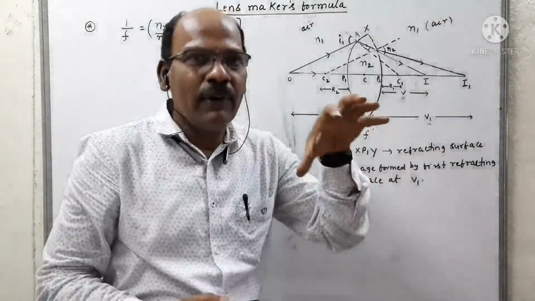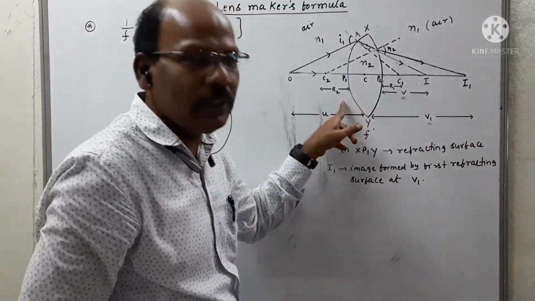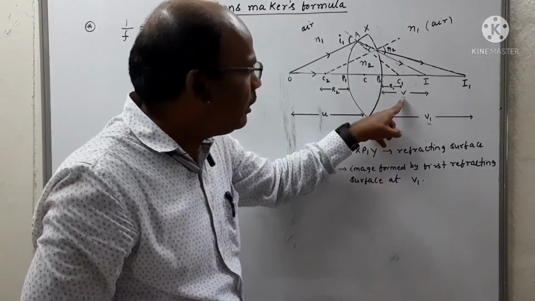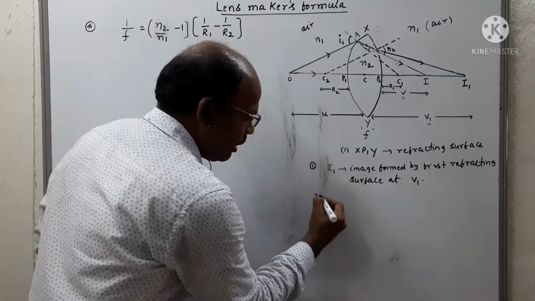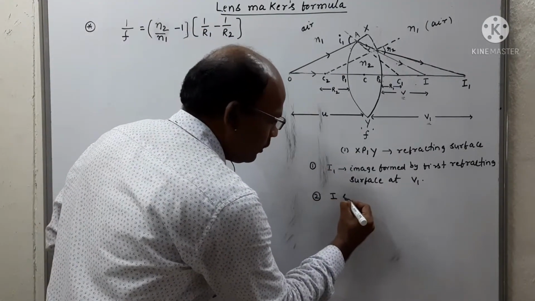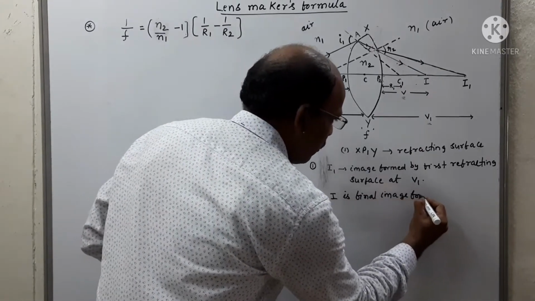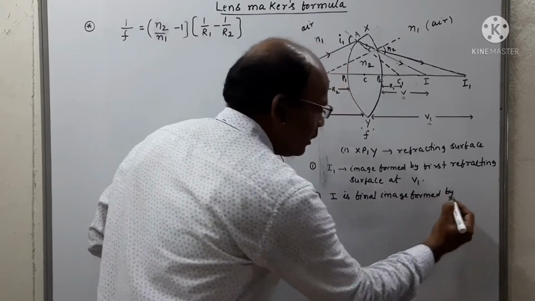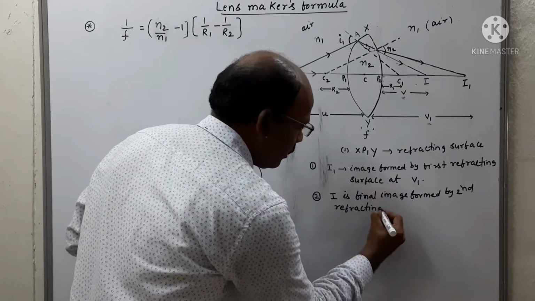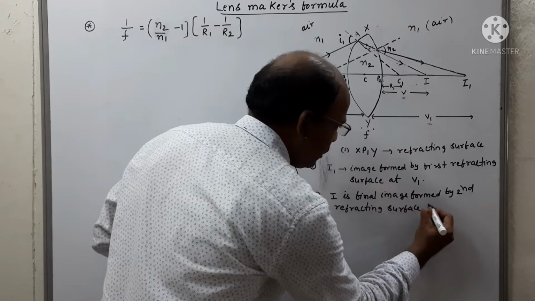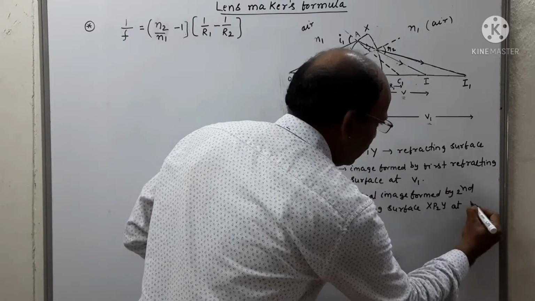So I is the final image formed by the virtual object produced by the first refracting surface at a distance equal to V. So we can write, this is 1. Coming to 2, I is the final image formed by the second refracting surface XP2Y at a distance V.